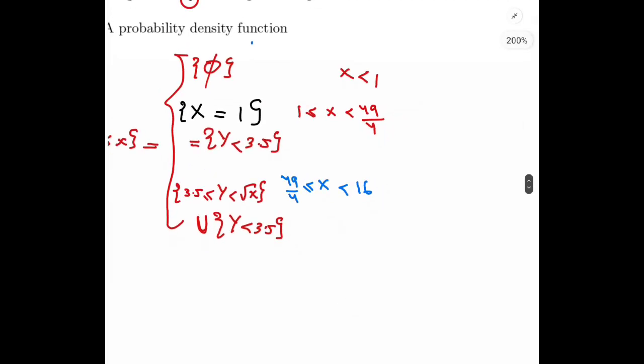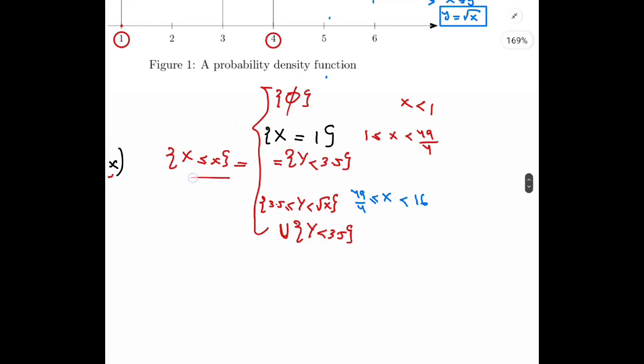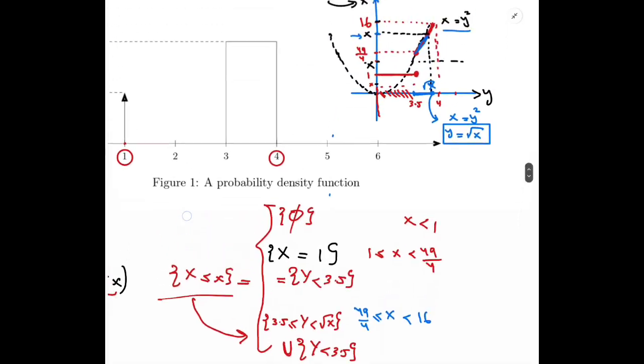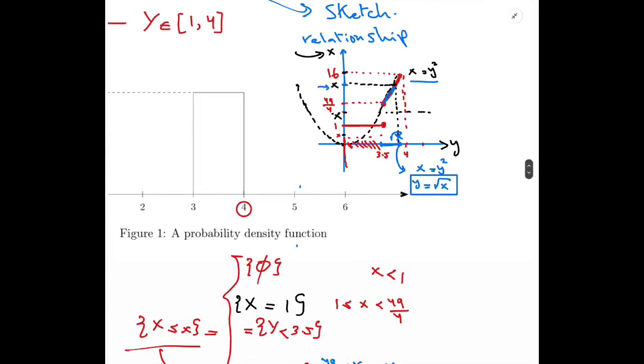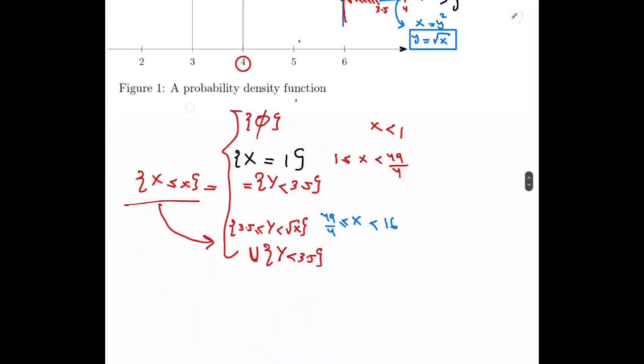This event is mapped to that event if x is between 49/4 and 16. So this is the equivalent event: the small part from the y squared curve, union the part where x equals 1, which is y less than 3.5.